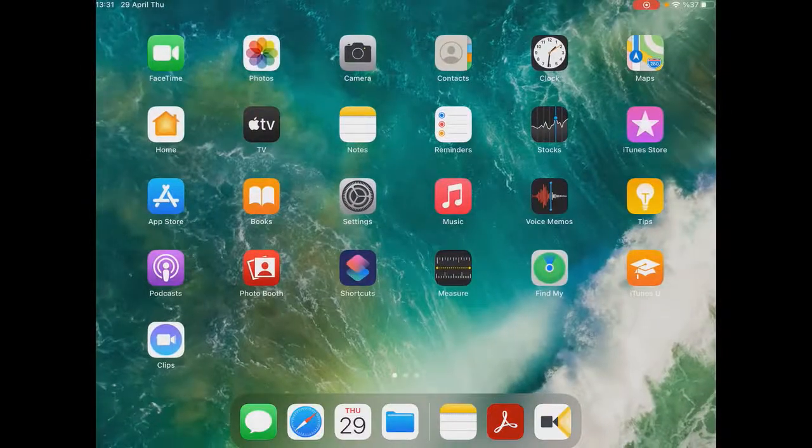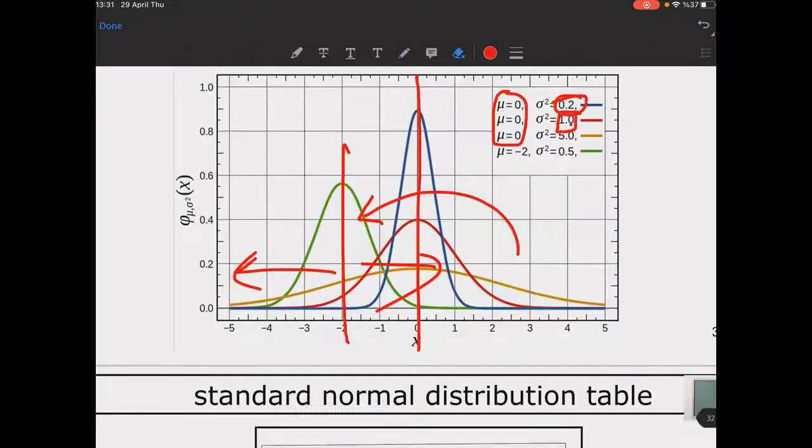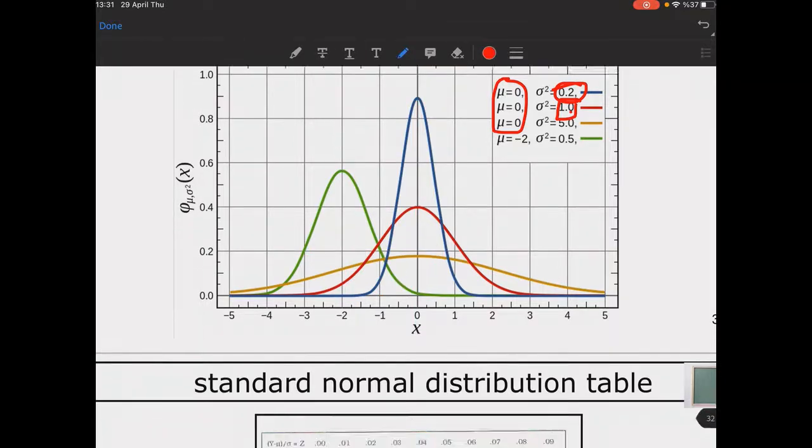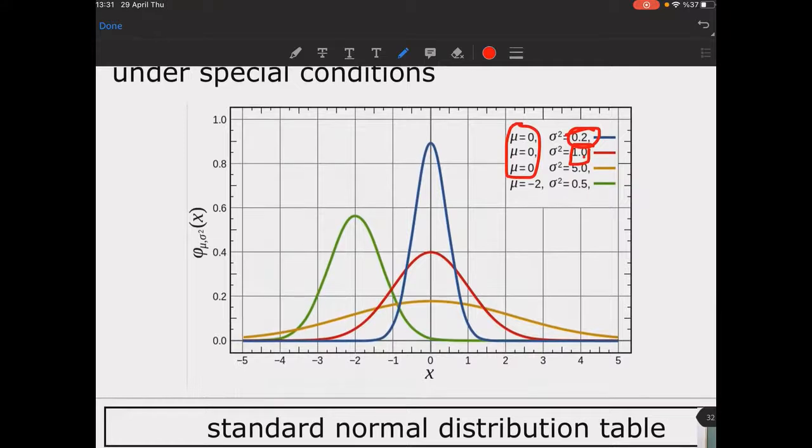So when you're trying to calculate the area below these curves on the standard normal distribution, where is your standard normal distribution here? Can you see it right here? We have it, right? This nice one. The red one is our standard normal distribution.